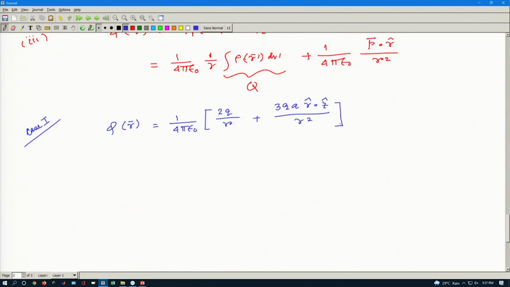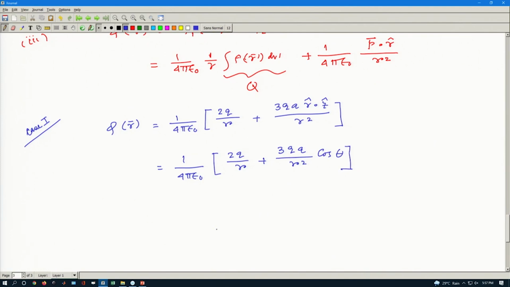Okay. So, that is the contribution I should have. Now, r unit vector dot z you can simply write as cos theta, the angle between these two, then 1 divided by 4 pi epsilon 0 times 2q divided by r plus 3qa divided by r square, and then we have cos theta. That should be the value of the potential.